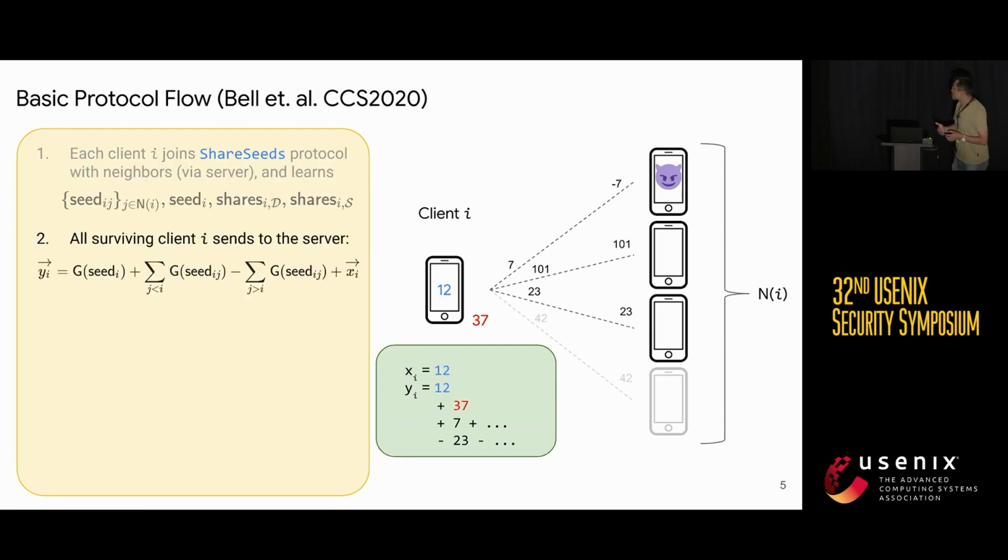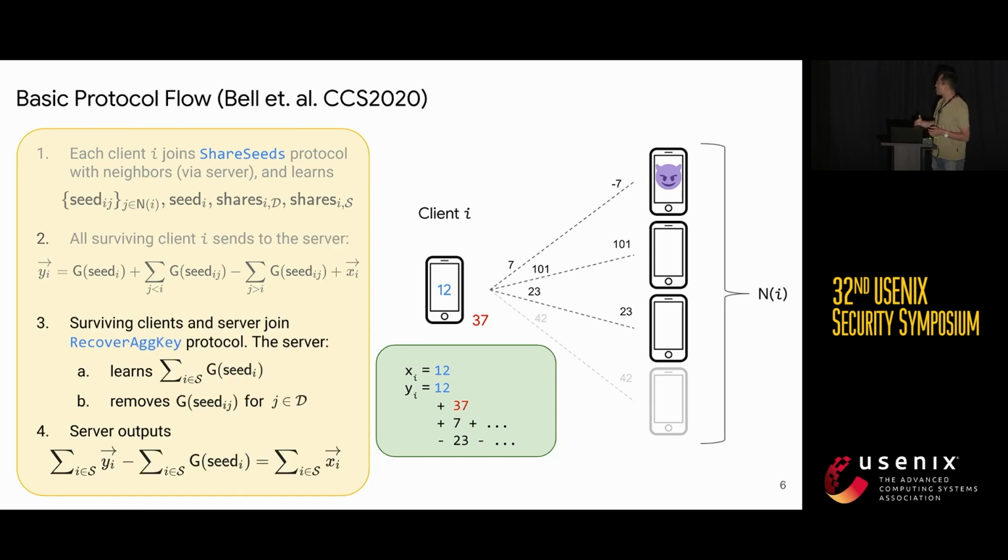If a client survives up to this point, the client can apply a pseudo-random generator, or AES in practice, to expand the seed into a masking secret. Then they use this masking secret to encode their input. After this, all the surviving clients and the server join a recovery aggregation key protocol.